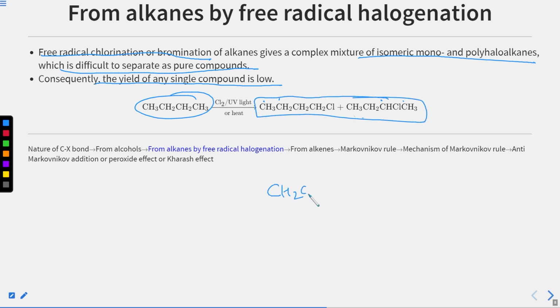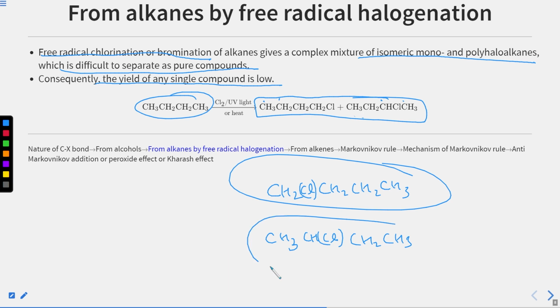If we write CH2Cl, then CH2, then CH2, then CH3, and CH3, CHCl, CH2, and CH3, these two compounds in which we have added chlorine at the first and second position are similar to this. So this one is similar to this one, and this one is similar to this one. Do not get confused.